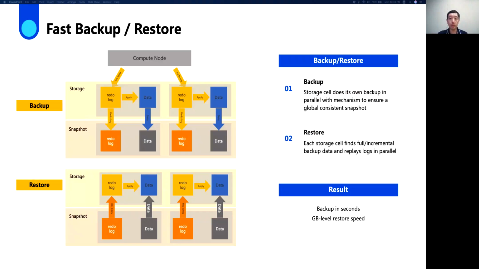The backup and restore can be done at each cell in parallel. We have a mechanism to ensure that a global snapshot can be made for the backup. In our experiment, the backup only takes a few seconds to finish, and the data can be restored at gigabytes-level speed, which is pretty fast.